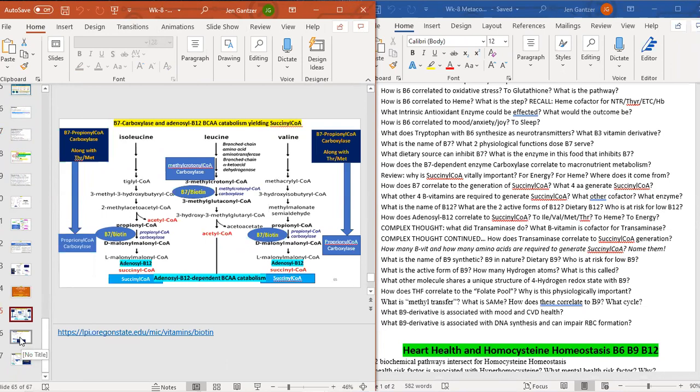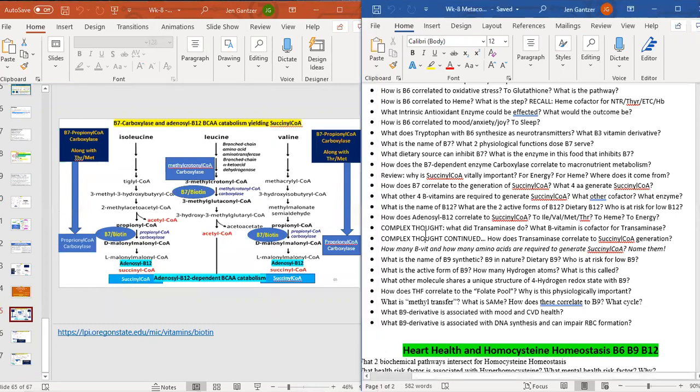So we already saw this, and now that very last step, this is the key word, I want you to know this, the very last step to generate the vitally important succinyl-CoA is your adenosyl B12 step. That's where your body uses the physiologically active form of cobalamin as an adenosyl.